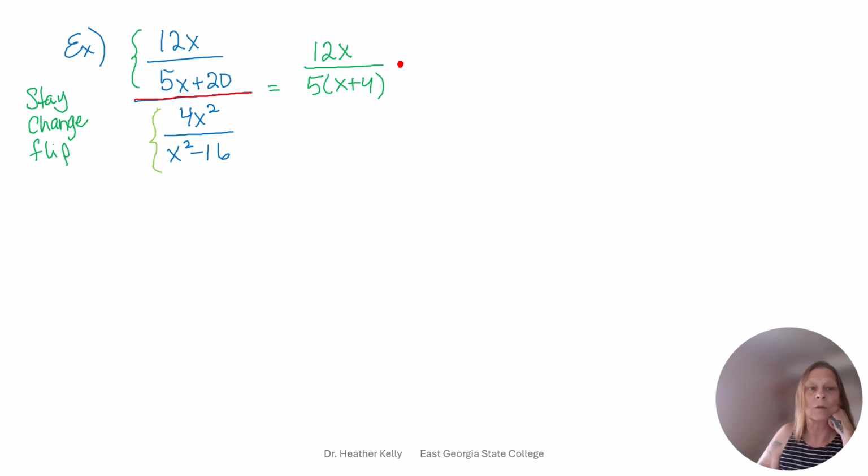So we have x squared minus 16, which I'm going to factor as x minus 4 times x plus 4, over that 4x squared. So what we've done here is a stay, change, flip. Top fraction stays, change it into multiplication, flip the denominator over, and then we're just back to where we were before.